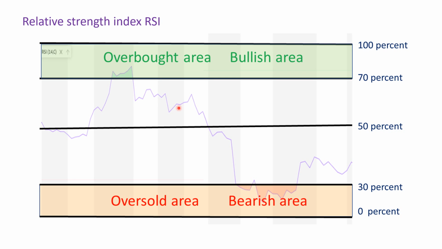When price is going downward and entering the oversold area and then returns and crosses the 30% line while going upward, it generates a buy signal right here. So here the traders use RSI to enter or exit the trade.